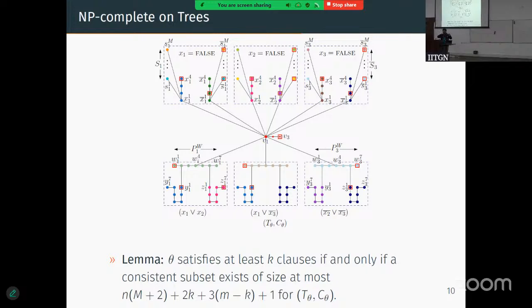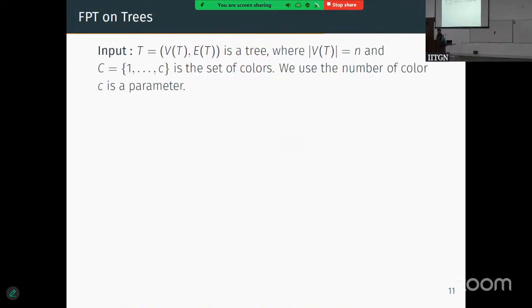This is the solution. That is very good. So this one is an NP-complete problem. But we shall discuss the parameterized versions.